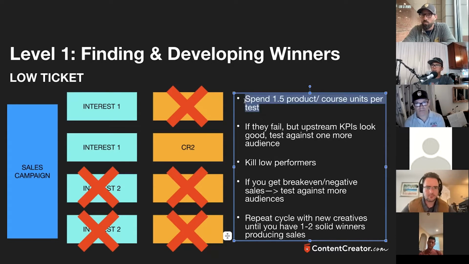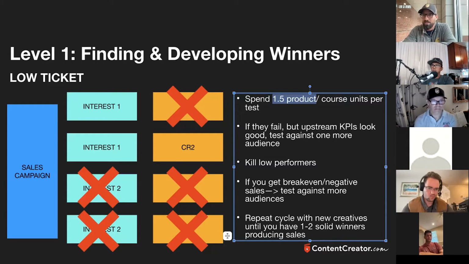If we spend more than $150 in each of these and we get no results, that's where we want to turn that ad set off. So if it's a $100 product and we spend 1.5 times the cost of that, and nothing is actually happening, that's where we're like, okay, maybe we need to rework some things.